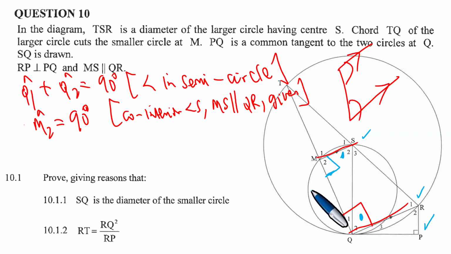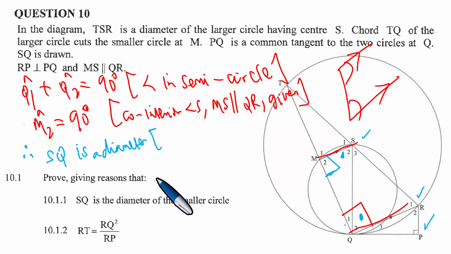We have that M2 is 90 degrees, and therefore the line segment SQ is a diameter. Why would SQ be a diameter?